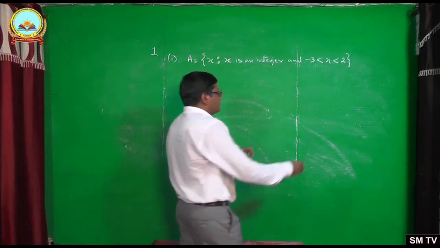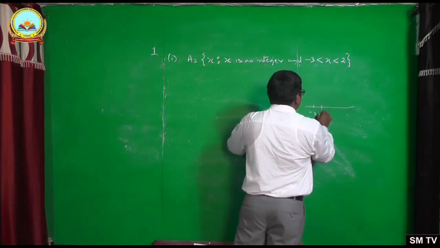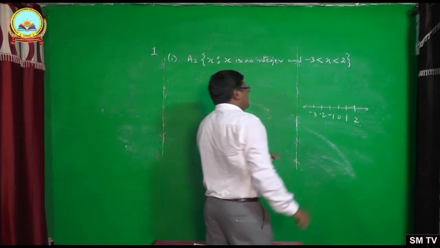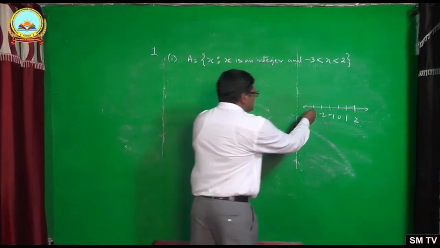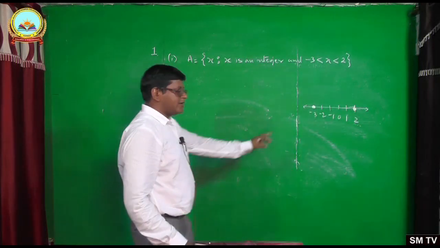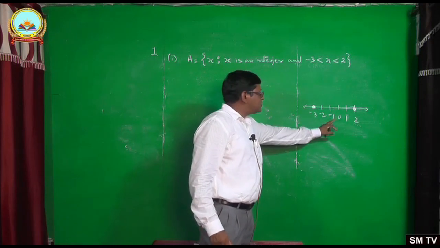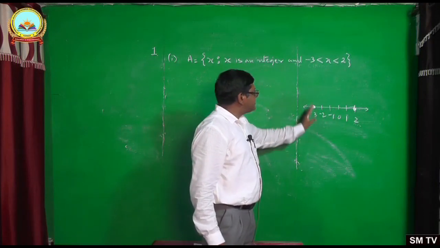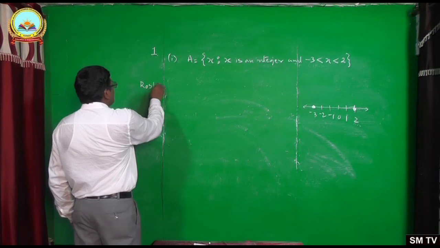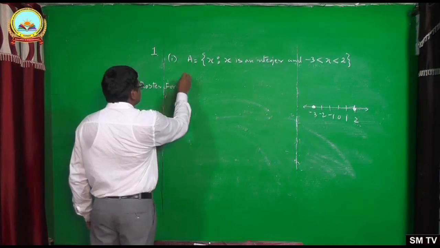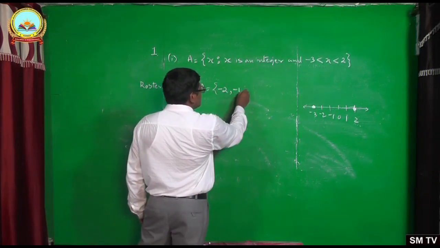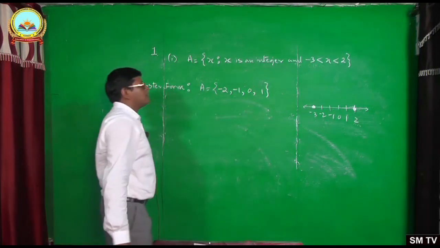We know that minus 3, minus 2, minus 1, 0, 1, 2, etc. are all integers. So, what are the integers between minus 3 and plus 2? Minus 2, minus 1, 0 and 1. So the roster form of the given set A is equal to the set consisting of minus 2, minus 1, 0, 1.